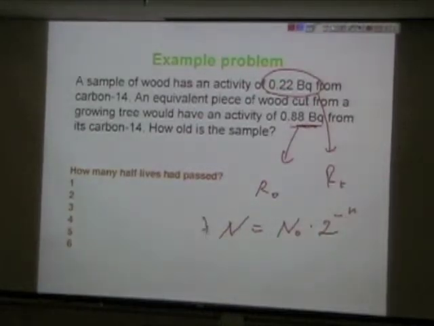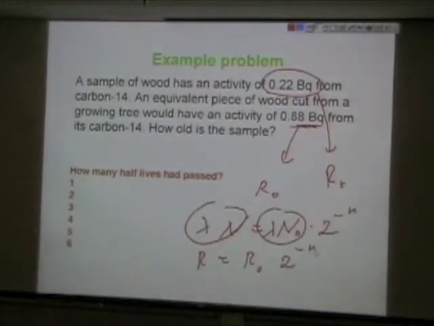So we can multiply the whole equation by lambda, and that gives us exactly the same relationship for activity. So all we need to do now is just count how many half-lives have passed. So how many?